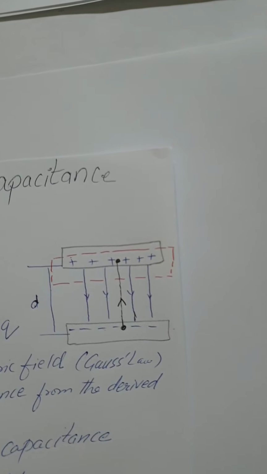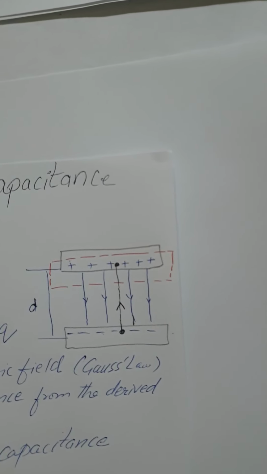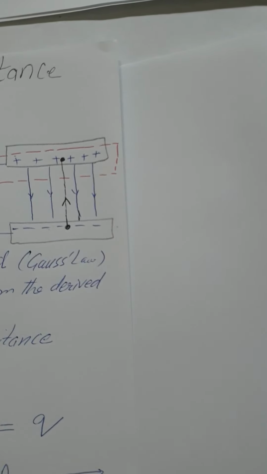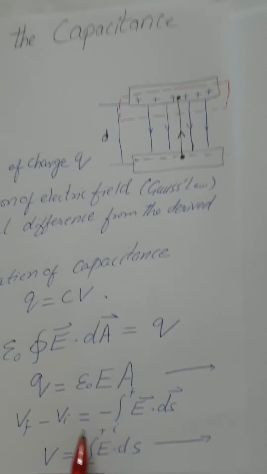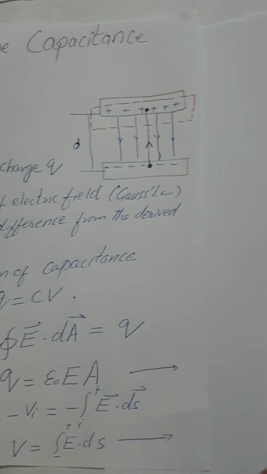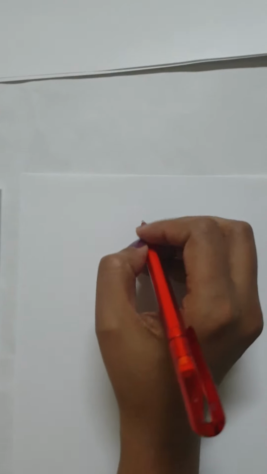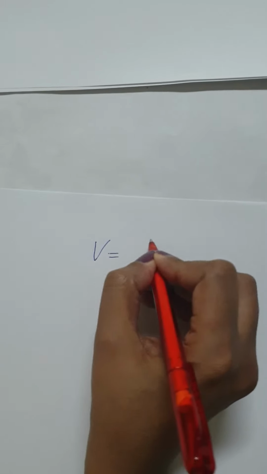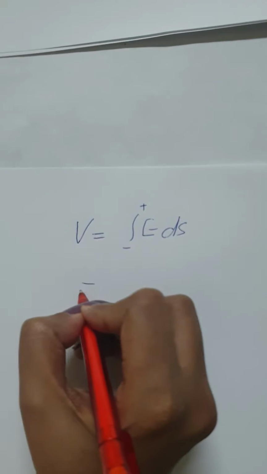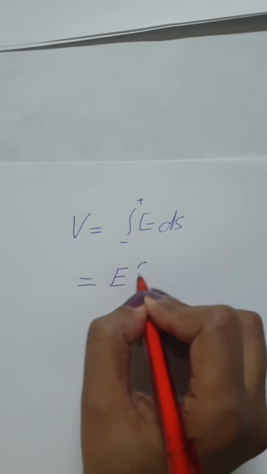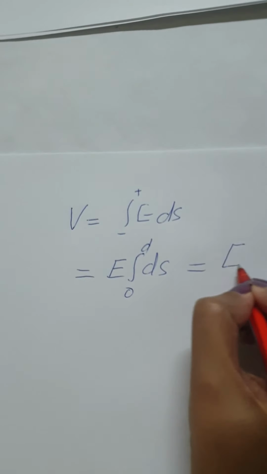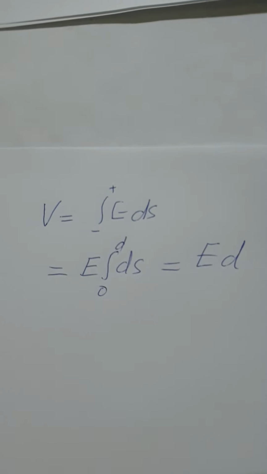So we draw a Gaussian surface that just encloses the positive charge on the positive plate, and Q is equal to epsilon naught E A. Potential difference is equal to this, and in this case, because potential is equal to integral from minus to plus of E ds, and E is constant, it will be E times the integral from 0 to d of ds, and potential becomes E d.